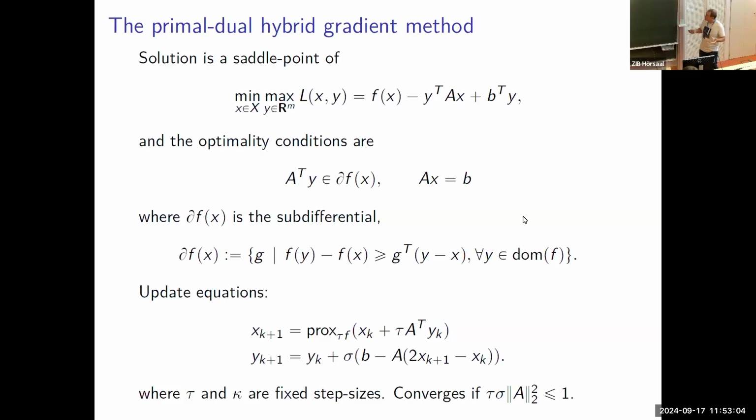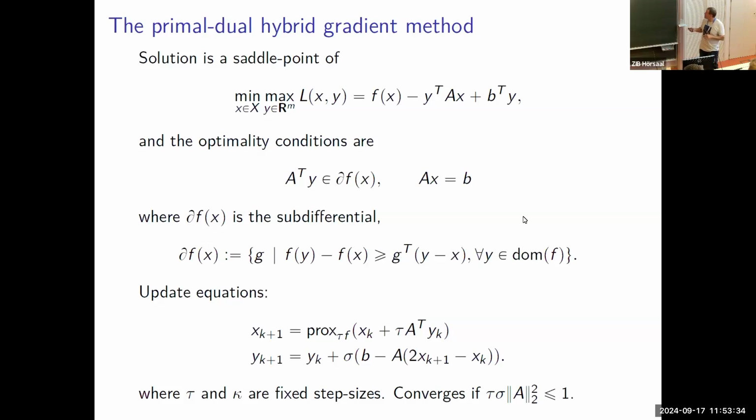And so in this method that was developed by Pock and Chambolle, they proved that for a problem like this, if you have update equations like this, then for fixed primal and dual step sizes, this iteration converges to the optimal solution, provided that your steps are not too large.